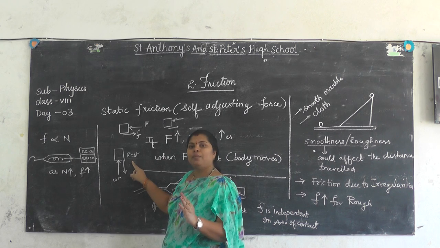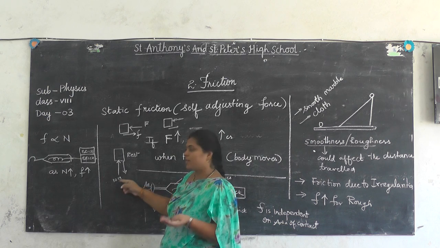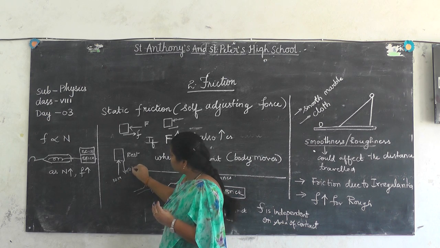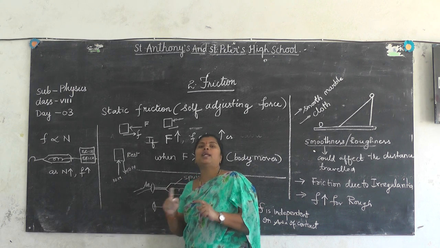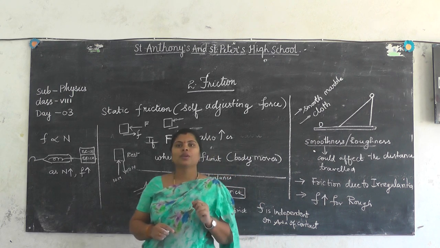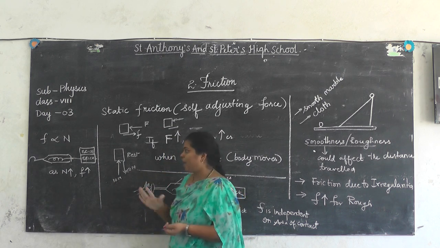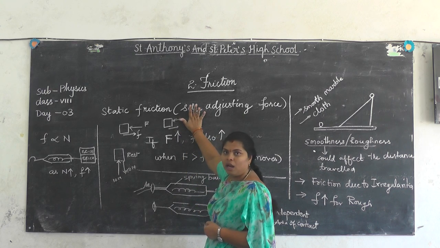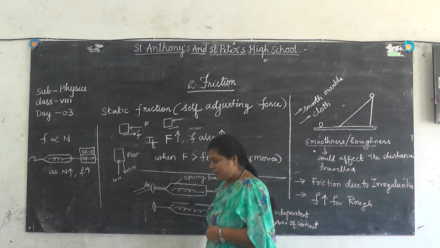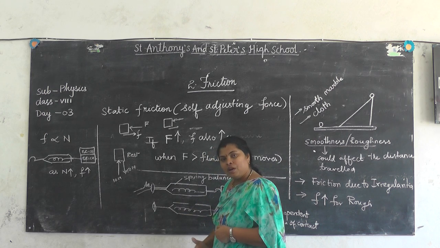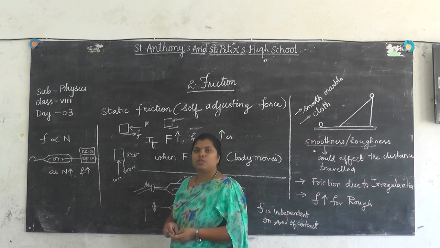The net force is 0 when the frictional force balances my applied force. That means my frictional force should also be 10 newtons to balance my applied force, right? Then only my body will be in rest position. So when I apply some force on this wall and it stays at rest, it is offering friction equal to my applied force.